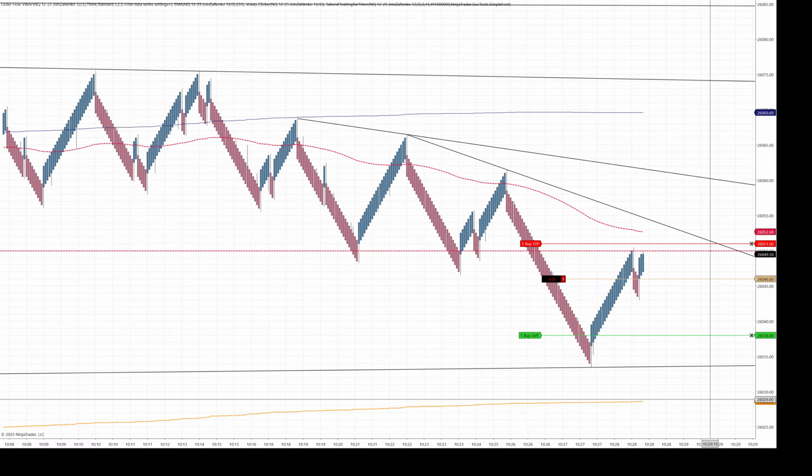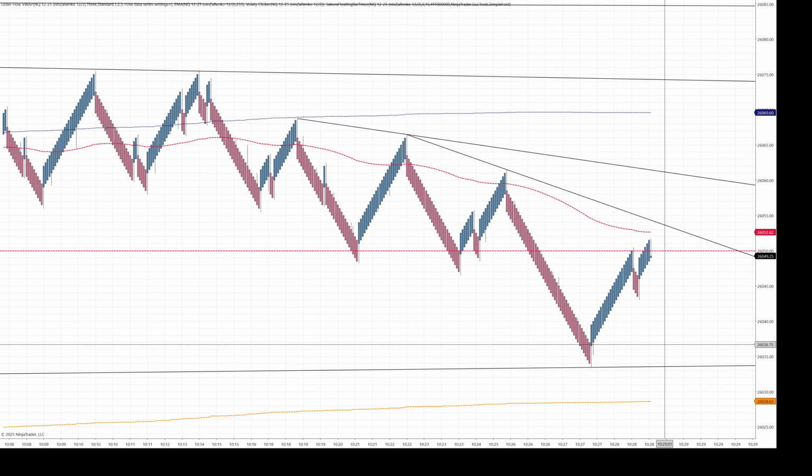This is going to be its stop loss. Yeah, it's unfortunate. That was a stop.